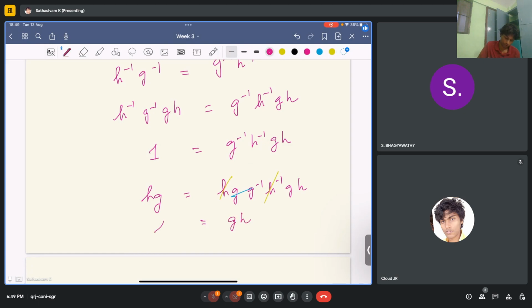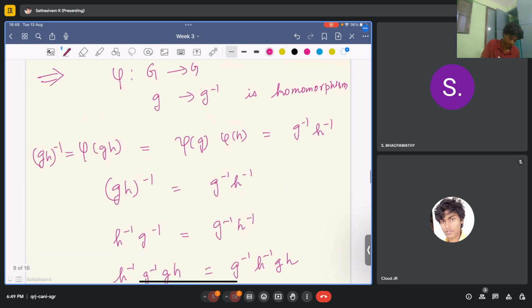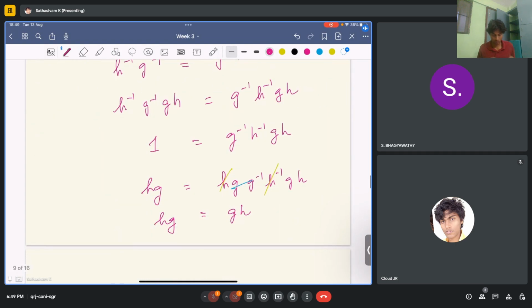So basically we proved that hg equals gh, and this is true for all g, h belonging to G. So this tells you that the group is abelian. Every element commutes with each other. So the group is abelian.